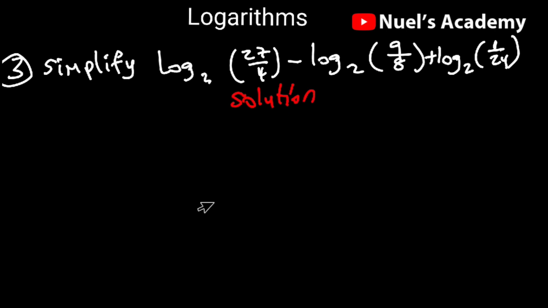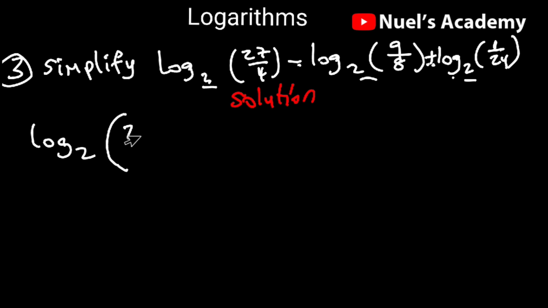Solution. Now if you look at this, you find that all of them have the same base. So this is log base 2 of, now plus is associated with multiplication, negative sign is associated with division. So we're going to multiply 27/4 with 1/24 and then divide everything by 9/8.